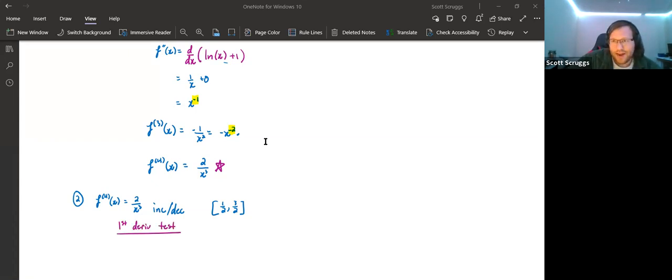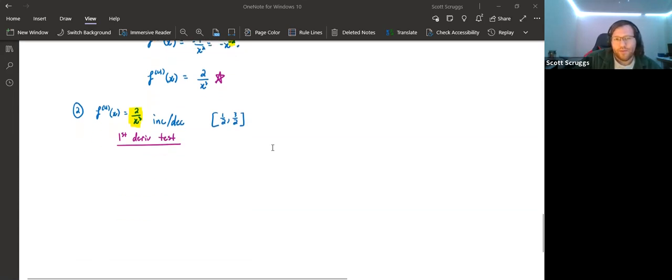To help us figure that out, we're going to use the first derivative test on the function 2 over x cubed. Because as mentioned before, with the first derivative test, we take one more derivative. If it is positive, I increase. If it is negative, I decrease.